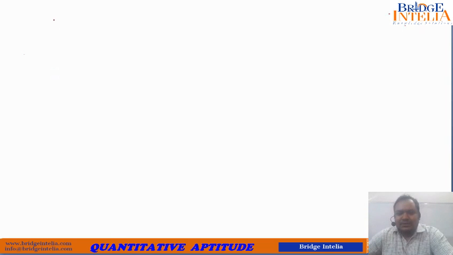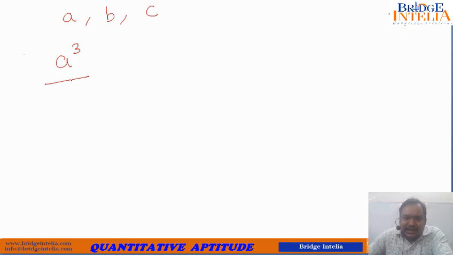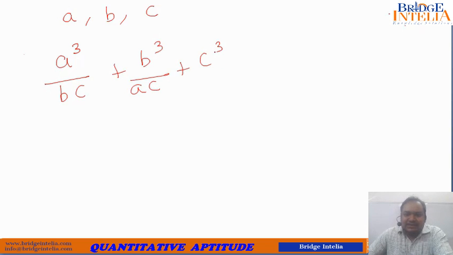In this pattern, a few variables are involved, A, B, C. Let's suppose a question is based on 3 variables A, B and C. The question would be such that the use of these variables is symmetrical, in equal measure, in an equal way. How? The question can be like a cube divided by bc plus b cube divided by ac plus c cube divided by ab.